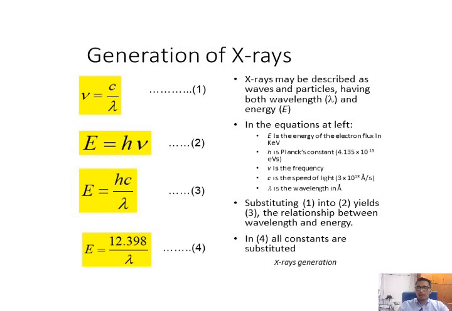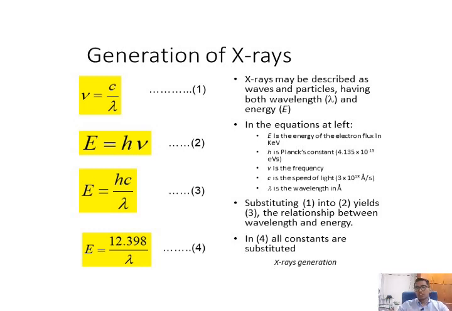If you see in the yellow boxes, the first equation, the frequency is equal to the speed of light divided by wavelength. Second equation, E, which is the energy in kilo electron volt, is equivalent to Planck's constant, we have the number there, times the frequency. This is a normal and very typical equation of energy.